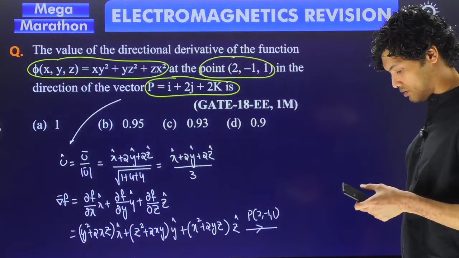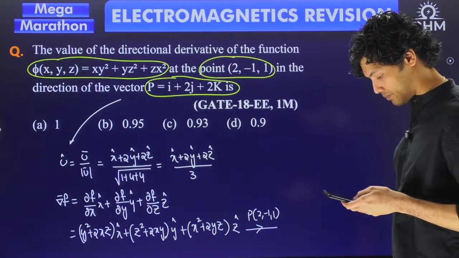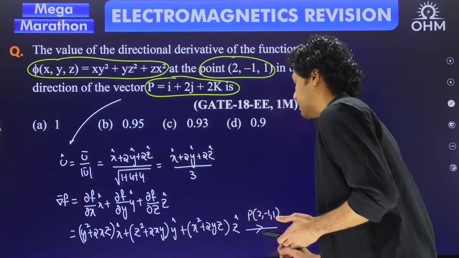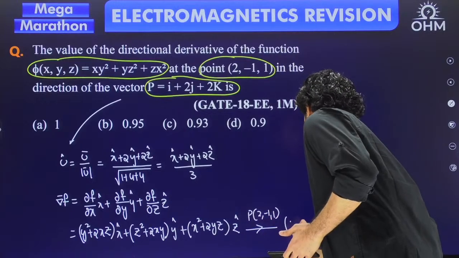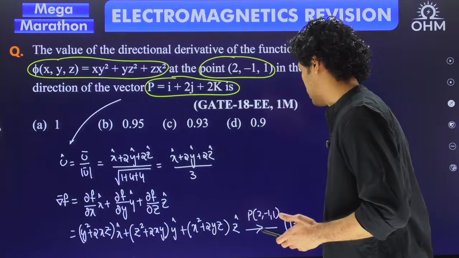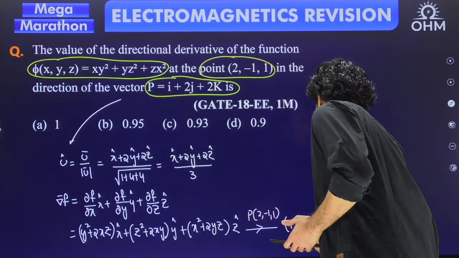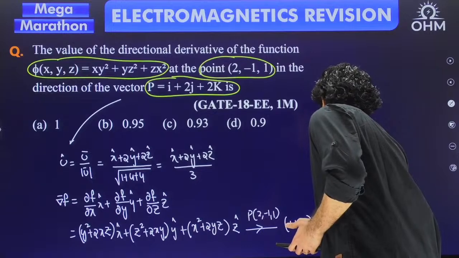Okay, upon substitution, what is the answer you get? Think. Yeah, what is the answer here? Y square is 1. So this is basically 1 plus 2xz. Xz is 2, and 2 into 2 is 4, so 4 x cap.